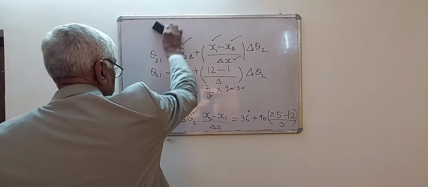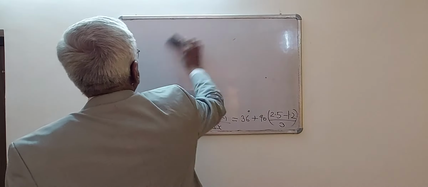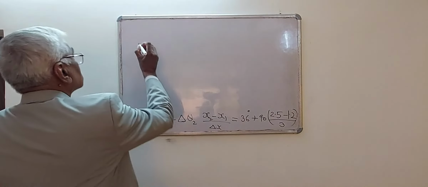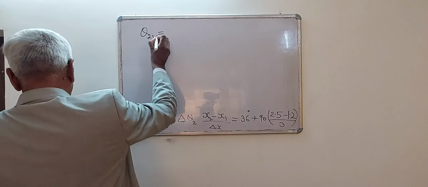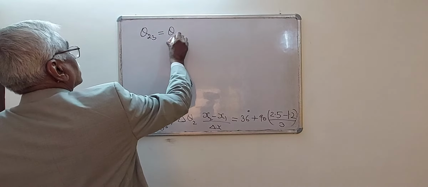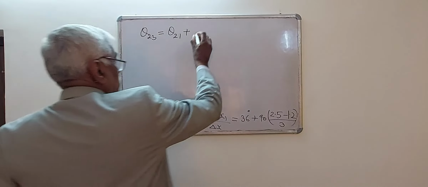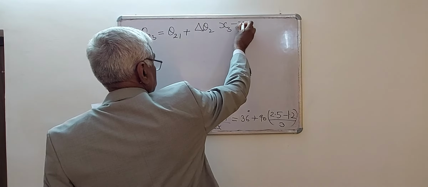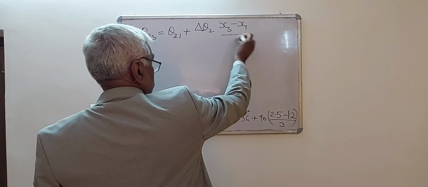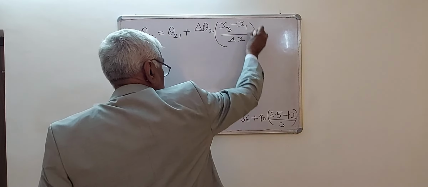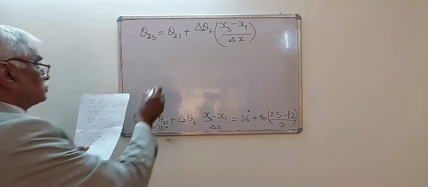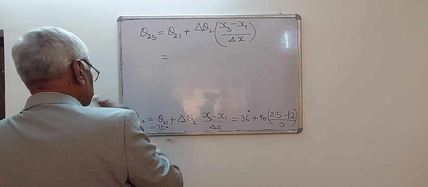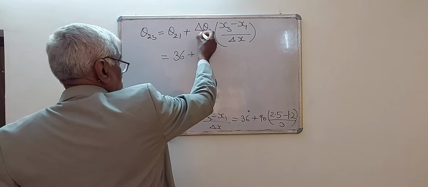Theta 23 is equal to theta 21 plus delta theta 2 into x3 minus x1 divided by delta x. This is the formula already given to you. So theta 23 is equal to 36 plus 90 into x3 minus x1.